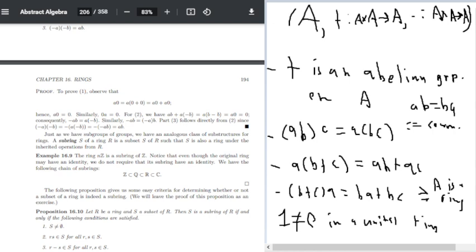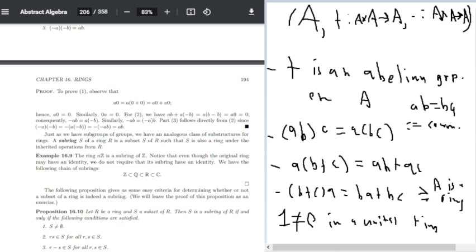To prove 1, observe that a0 equals a(0 plus 0) equals a0 plus a0. Hence, a0 is equal to 0, because we can just subtract a0 from both sides. Similarly, 0a is equal to 0. For 2, we have ab plus a(-b) is equal to a(b minus b) equals a0 equals 0.